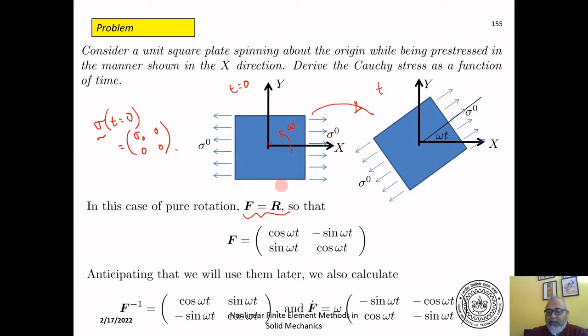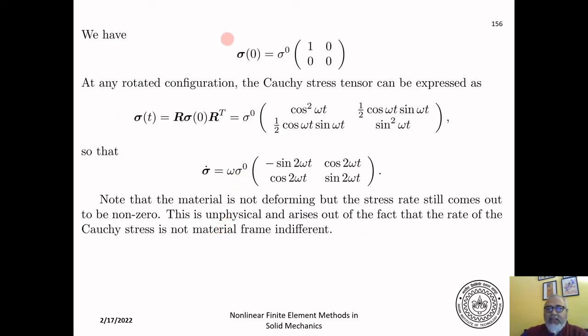So F and R are the same. F turns out to be this at time t, and with this F we can now take the stress at 0, transform it and find the stress at t. So the stress at t in the original xy coordinate system is this.